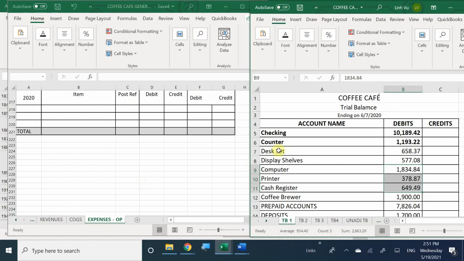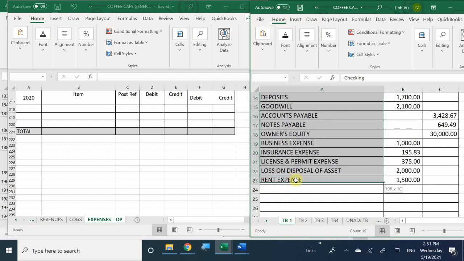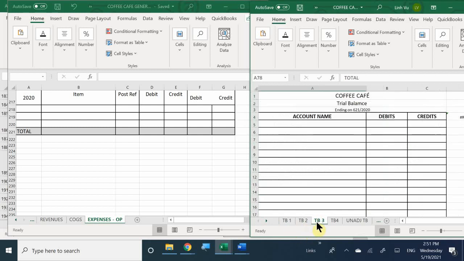I'll show you towards the end of the class. What you can do is make an exact copy of the worksheet and transfer it into the same workbook, and that's what I usually do. The second thing you can do is highlight all of these accounts, copy them, and paste them into your trial balance number 3.